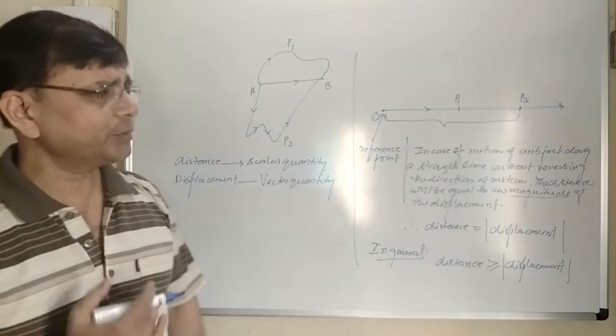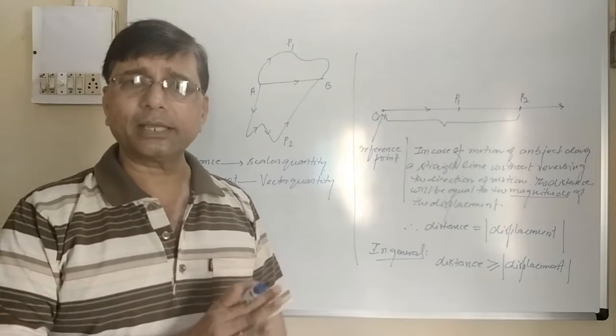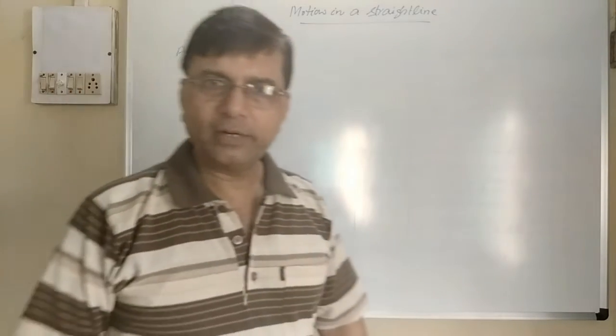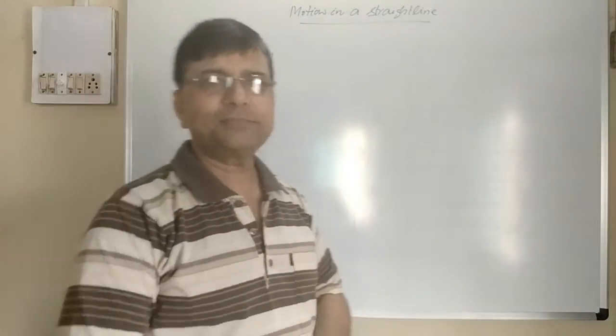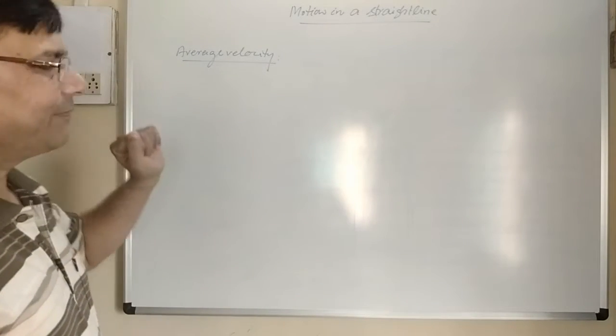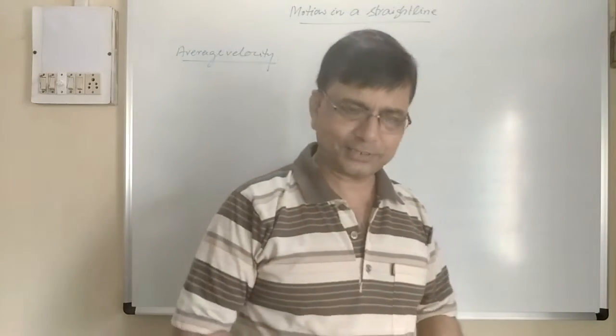Now we are going to discuss other physical quantities related to motion: speed and velocity. Now we will discuss the average velocity and average speed. So what is average velocity? We have already discussed distance and displacement.